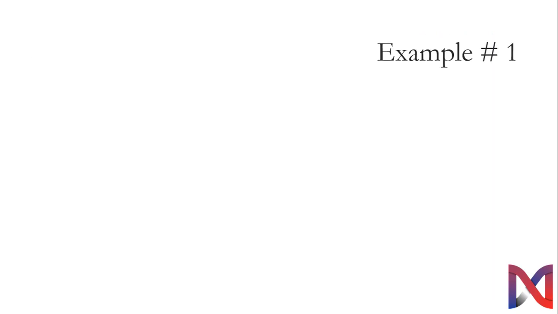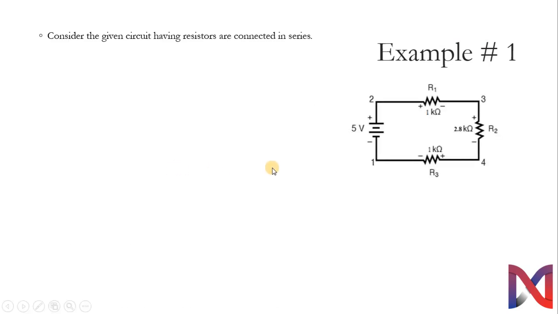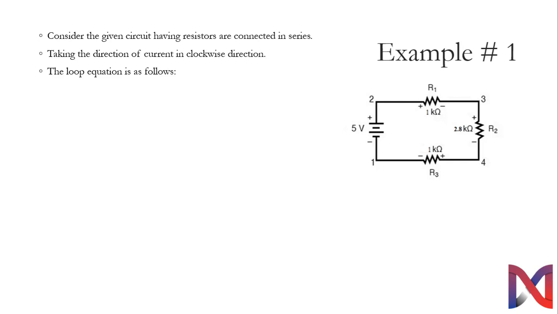Let's move to our example number 1. Consider the circuit having 3 resistors connected in series. We have 5 volts as our supply voltage and we have 4 points here, 1, 2, 3 and 4. We take the direction of the current in clockwise.